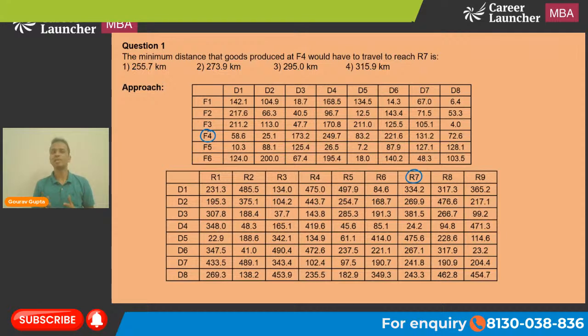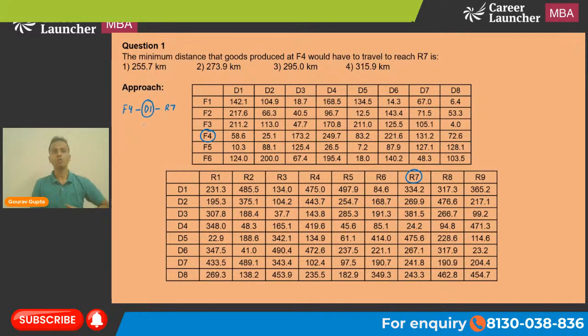It can be anyone among D1, D2, D3 up till D8. So I can start from F4, go to D1, and from D1 go to R7. Since the initial point and the final point are fixed, F4 and R7, I can keep changing the depots, and that will give me the different distances that can be traveled.